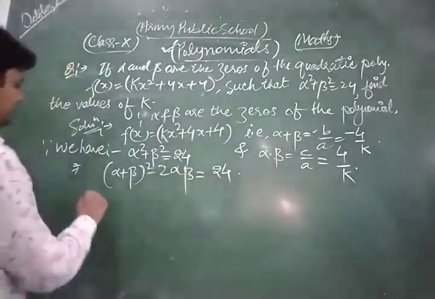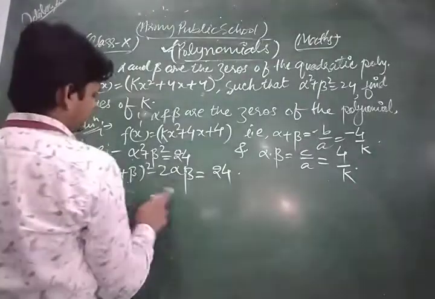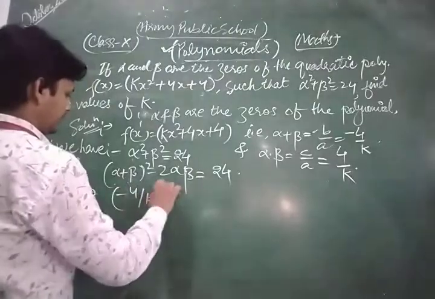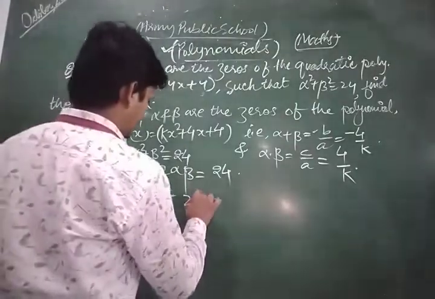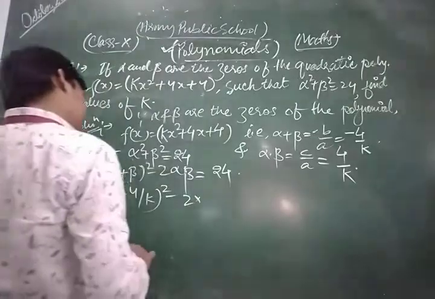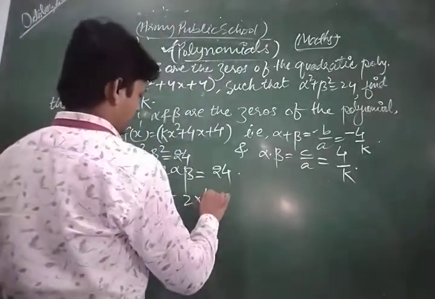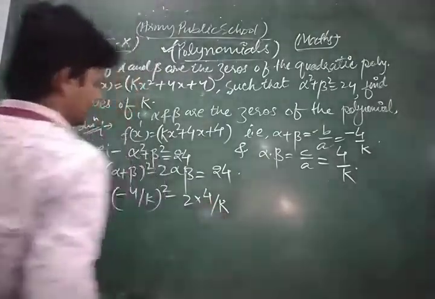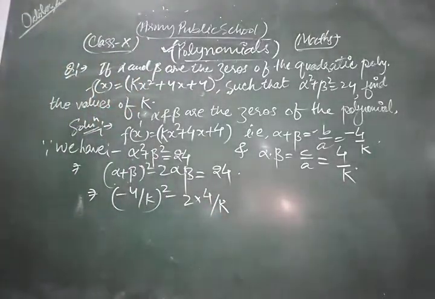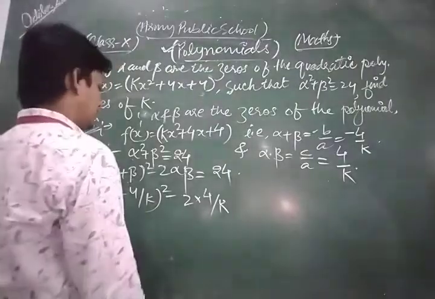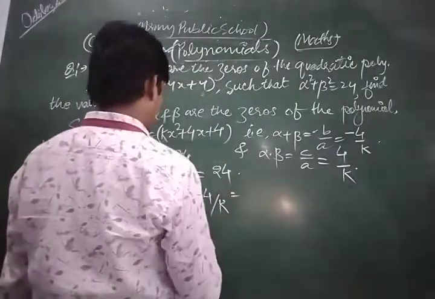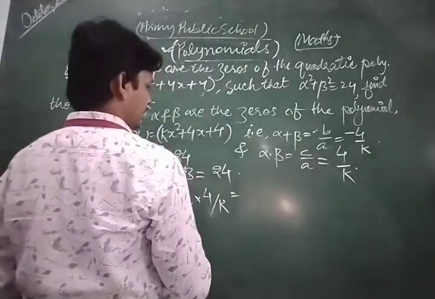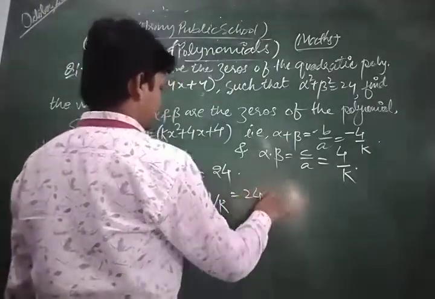So we get minus 4 upon k whole square minus 2 into 4 upon k is equal to 24.